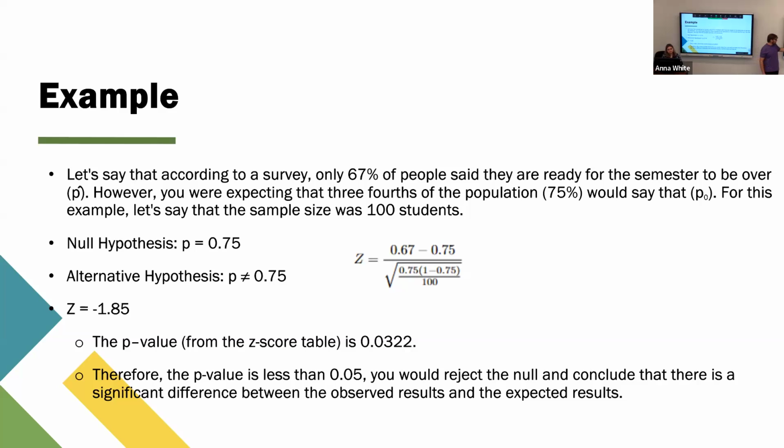When you look up the p-value associated with the z-score of negative 1.85, the p-value is 0.0322. And since the p-value is less than the significance level of 0.05, you would reject the null and conclude that there is a significant difference between the observed results and the expected results.